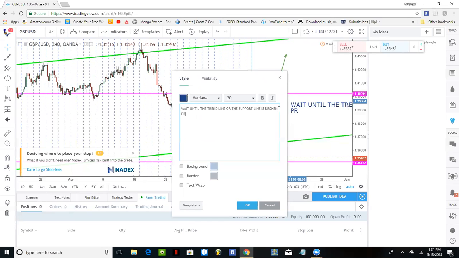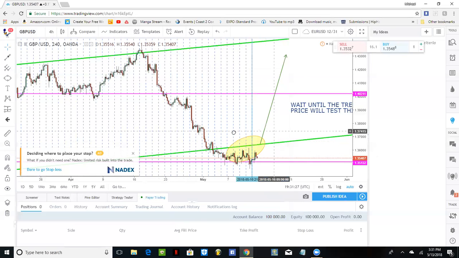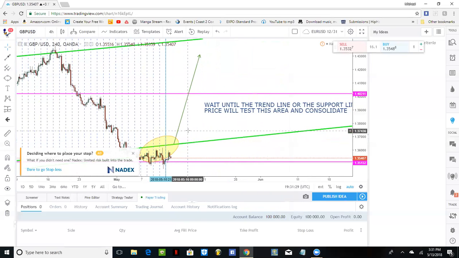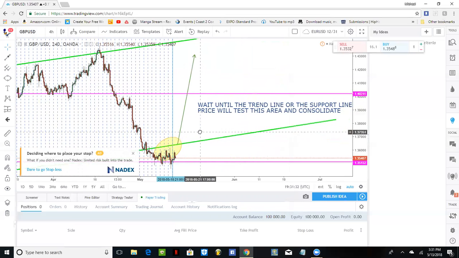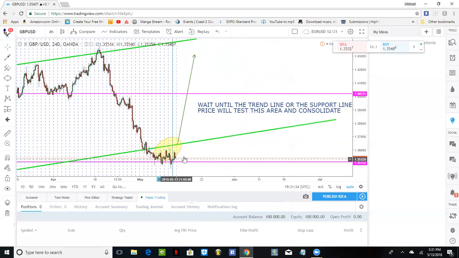Price will test this area and consolidate. And I'm only saying to be patient and wait because this area is just consolidating a lot. That's why.